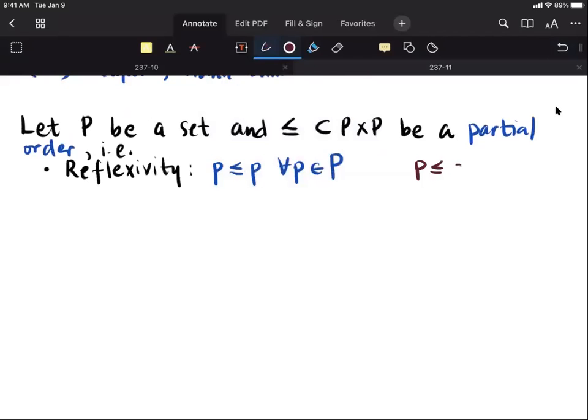P is less or equal to Q, that's our notation for the partial order, if and only if the ordered pair PQ is an element of your partial order. So this partial order generalizes the less than or equal relation for real numbers.